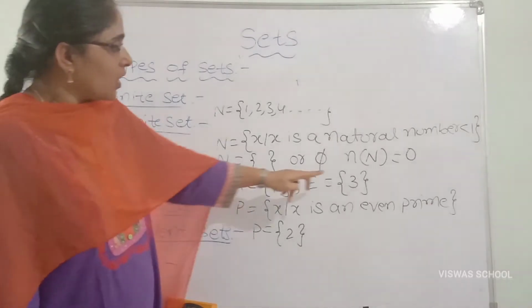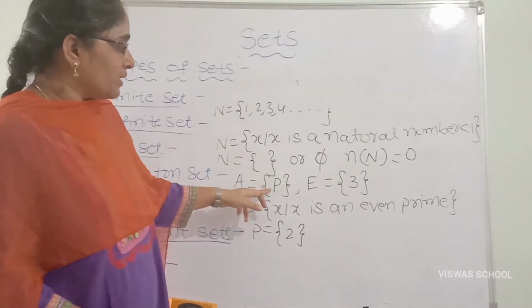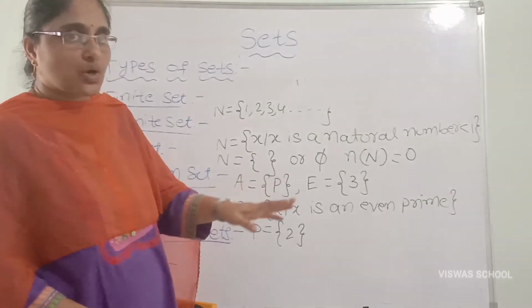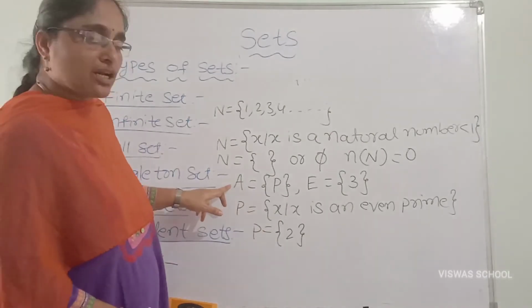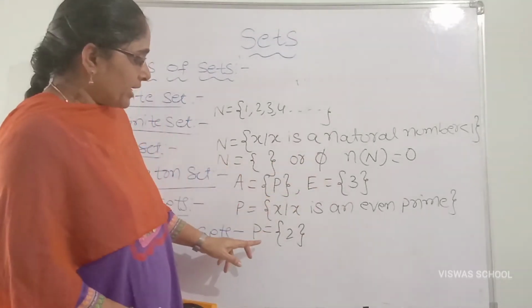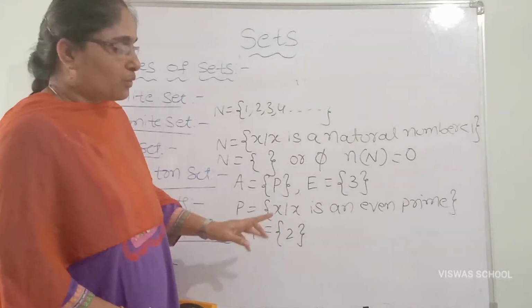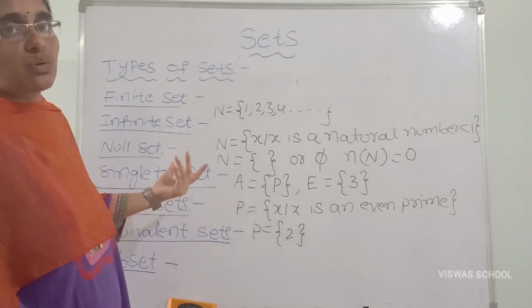Once you observe all the sets, how many elements are we having here? Only one element. That is the cardinal number of these sets. What is N of A? 1. And N of E equals also 1. And N of P is equal to also 1. That is, a singleton set means the number of elements is only 1.